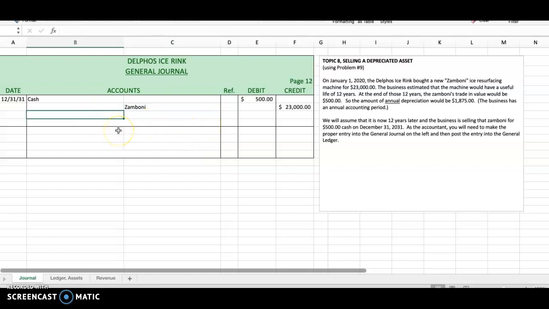Then we have another debit that we will be using. Accumulated depreciation for the Zamboni. So this has to be debited by $22,500. Whoops, we didn't do that right, did we? Excuse me. $22,500. And the reason is we want to do the same thing.